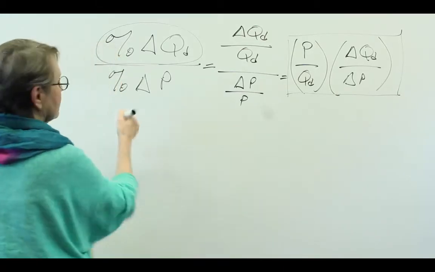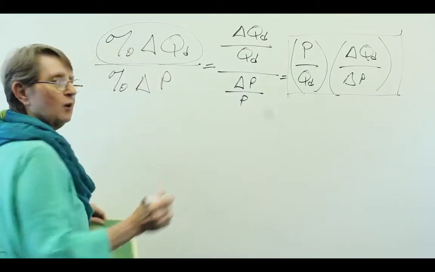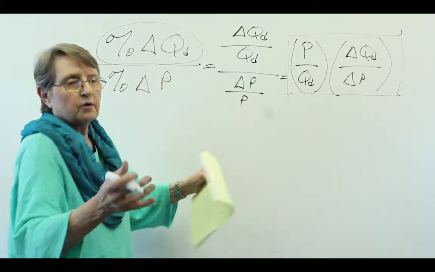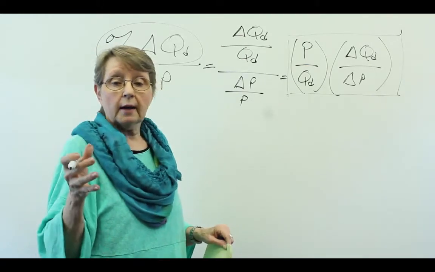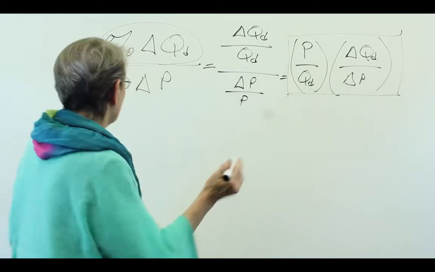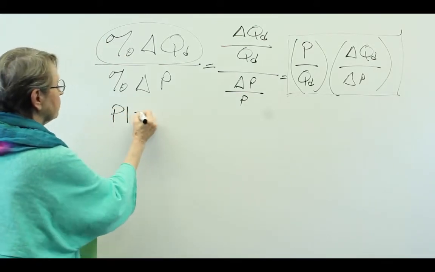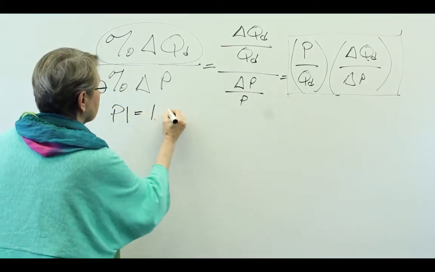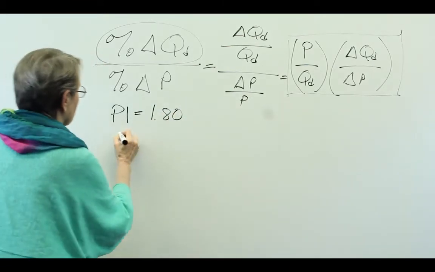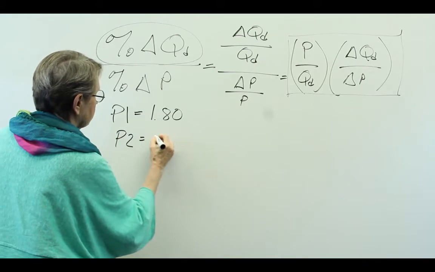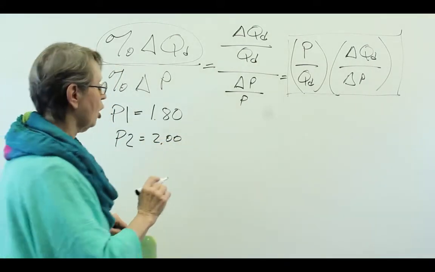So let's just say we have a demand curve and we're thinking of raising price. You're a producer, and you of course would like to know what's going to happen to the quantity demanded if I raise the price. So let's just say the current price is $1.80, and you, the producer, would like to raise the price to $2. That's a thought.